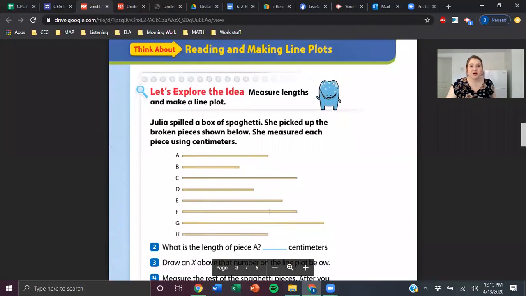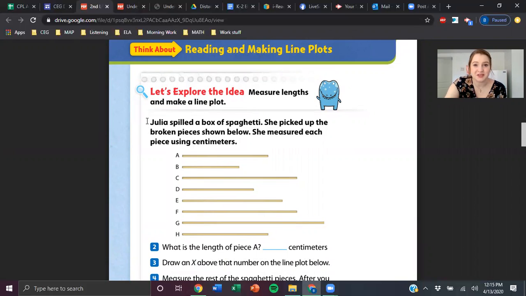Okay, here's the part of the packet where you're going to need a ruler. If you don't have a ruler, remember, don't worry. I've got your back. But if you do have your ruler, get it ready now. The problem says, Julia spilled a box of spaghetti. I love spaghetti. She picked up the broken pieces shown below.